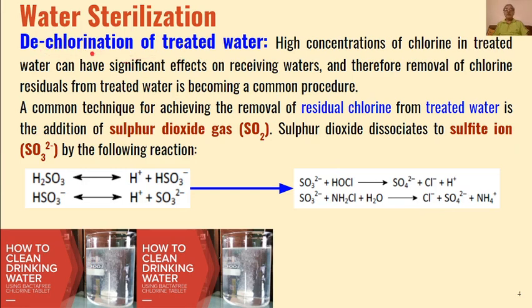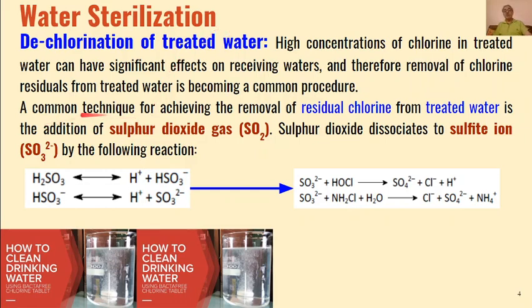Then, dechlorination of the treated water. As I have told you, there is a limit for the concentration of chlorine present in our domestic water. If the concentration of chlorine is high, more than the permissible limits, then again we have to treat that water to remove the excess amount of chlorine present.